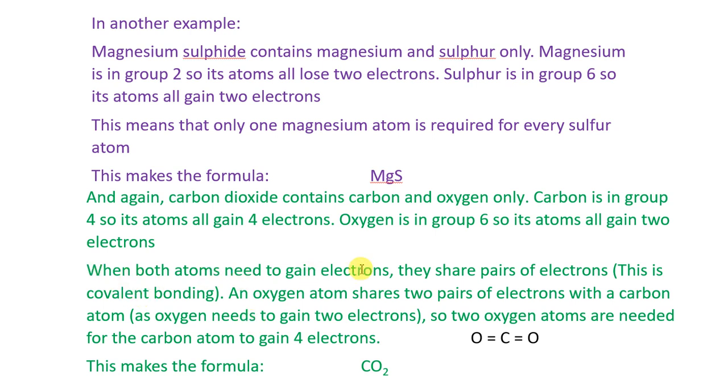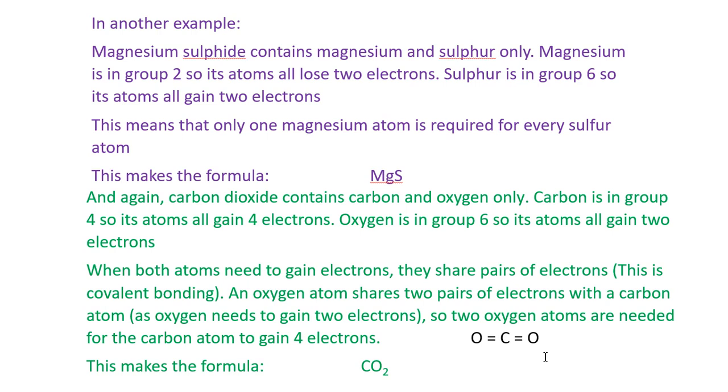And when both atoms need to gain electrons, they share. That's covalent bonding. An oxygen atom shares 2 electrons with a carbon atom, so I need 2 of them. And that's shown with the representation of the lines between the atoms. Oxygen on the left, 2 lines, makes 2 covalent bonds with the carbon in the center.